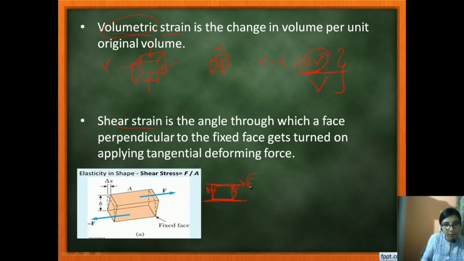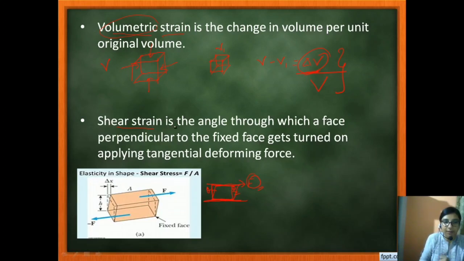So what is the work of this tangential deforming force that we are applying? In this case, there is no change in length, there is no change in volume, but there is change in the shape. And here, how is the shape changing? The face which is perpendicular to the fixed surface is getting turned by some angle, and this angle by which it is getting turned is called shear strain.